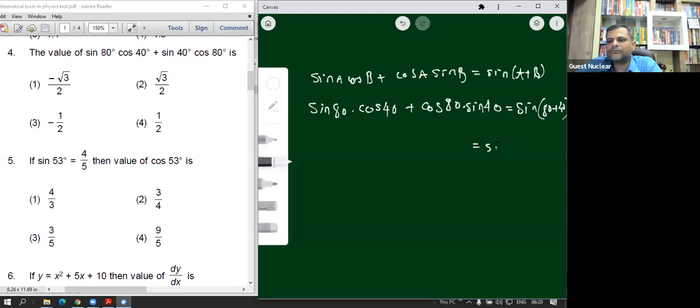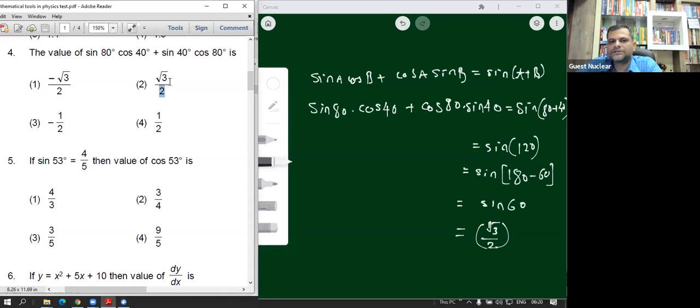It comes out to be 120, and as we know, sin of 120 is actually sin of 180 minus 60, and sin of 180 minus theta is sin of theta, and hence you get sin 60, which is root 3 by 2, and root 3 by 2 is the final answer. So option 2 will be the correct option here.